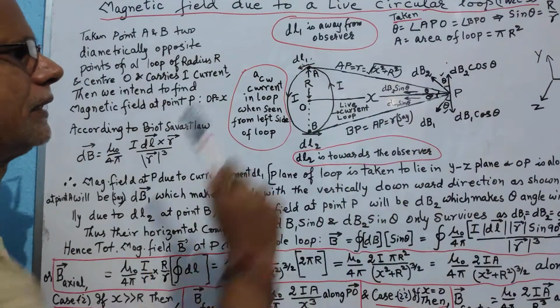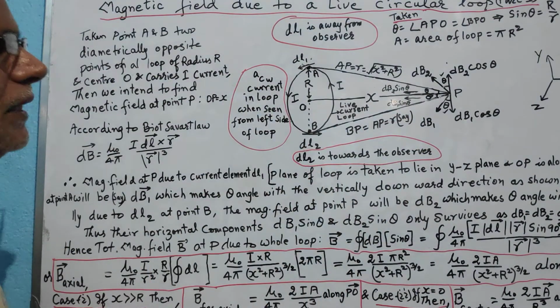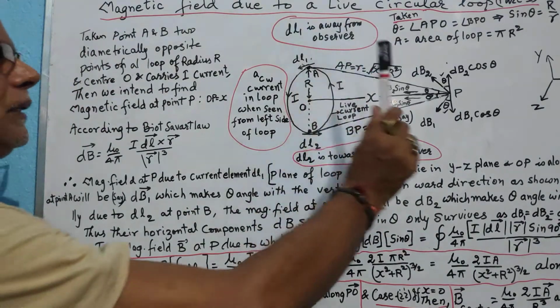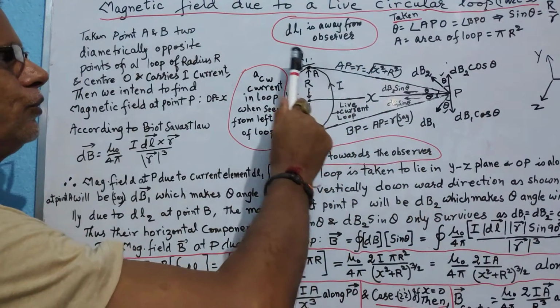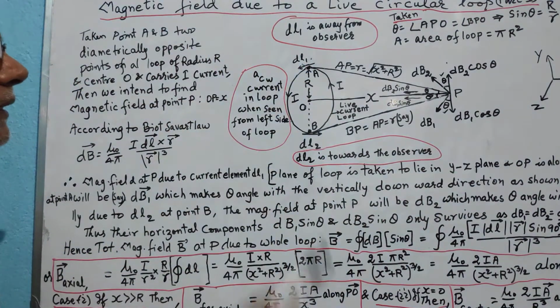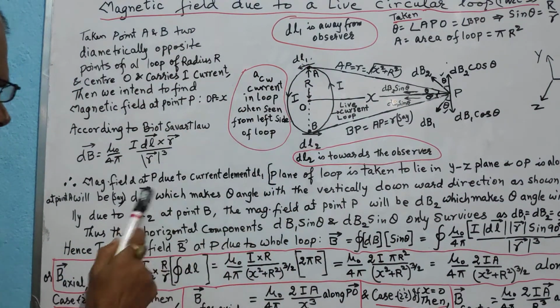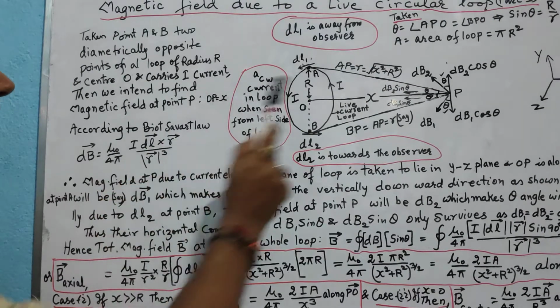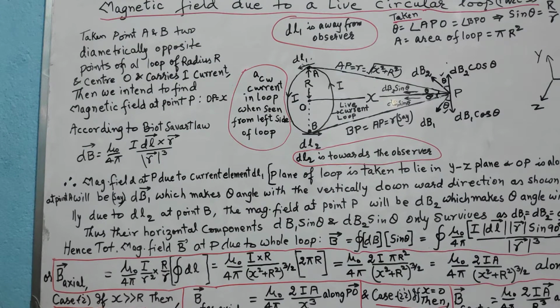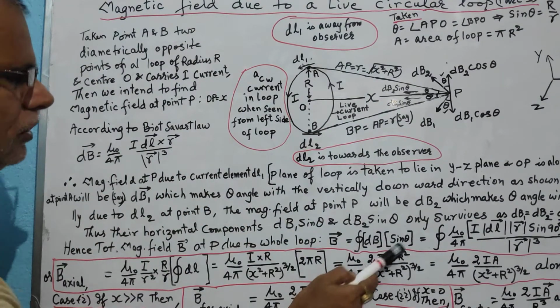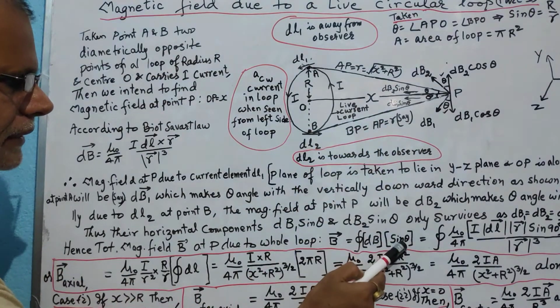Therefore only the horizontal component of each current element survives, and so the total magnetic field at point P due to the whole loop will be the integration of dB sin theta, only dB sin theta. dB is there, but only one component, dB sin theta, is surviving.